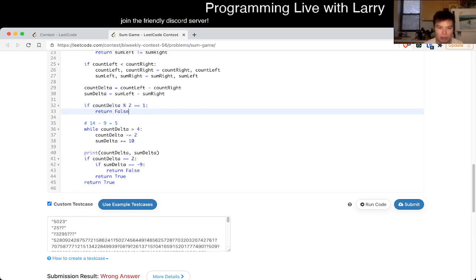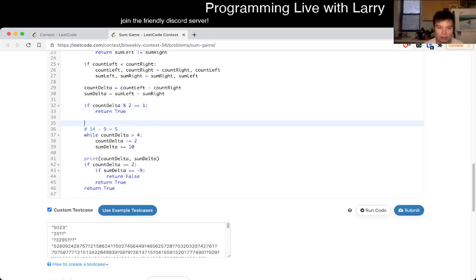We return true because we always do it. Otherwise, this is even, right? Even, then it means that whatever we do, they're going to just do 9 until, okay.